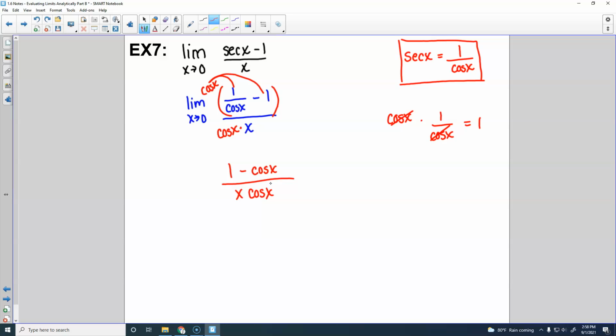Technically, you can do the same thing with that, but you'd have to multiply by 4 and x plus 4 if you do it. I need limit notation.